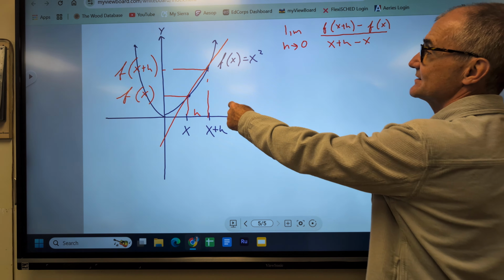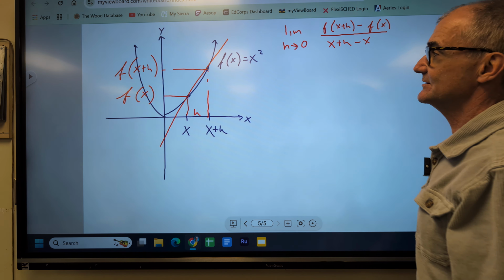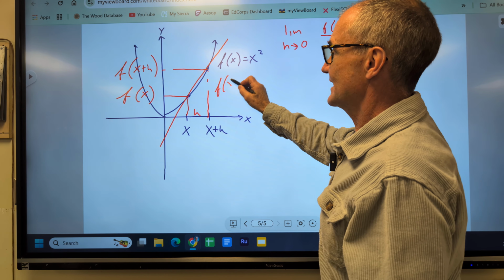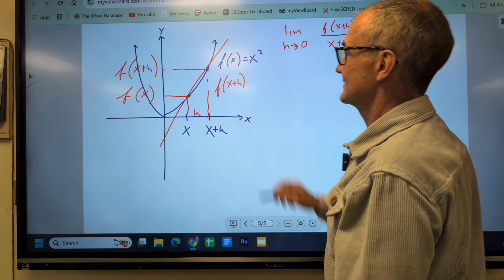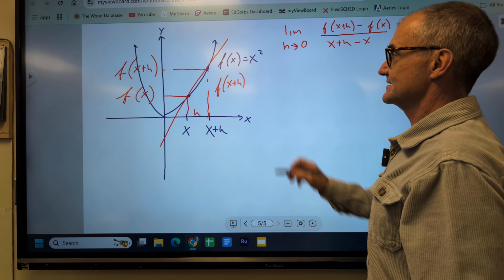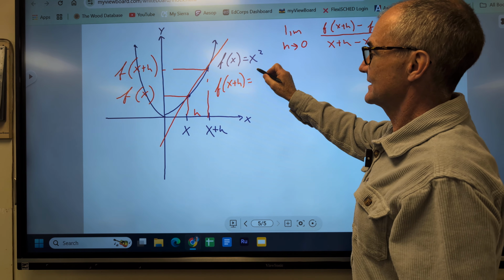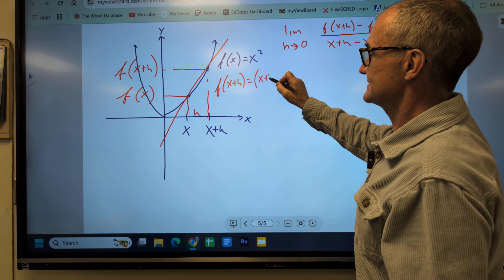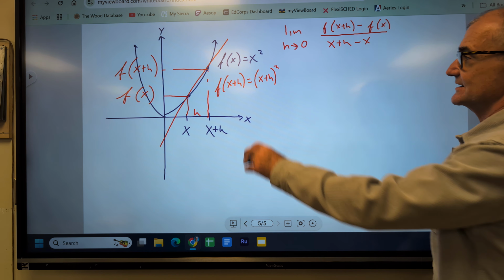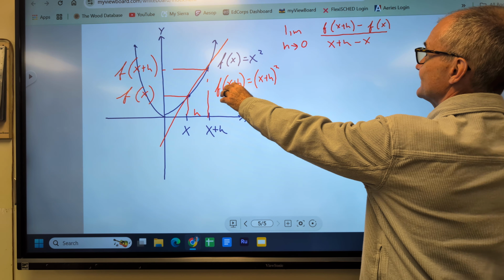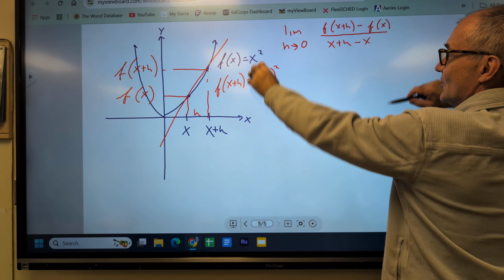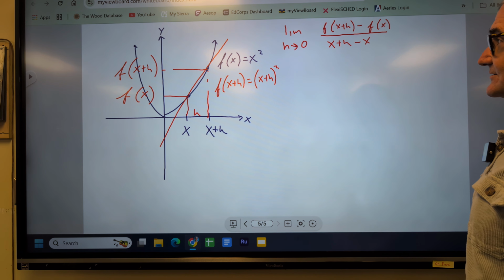And then here's my function, f of x equals x squared. So for my function f of x plus h, wherever there's an x, I now plug in x plus h. So this is equal to the quantity x plus h squared. So I'm going to take this value of f of x plus h minus this value over x2 minus x1.